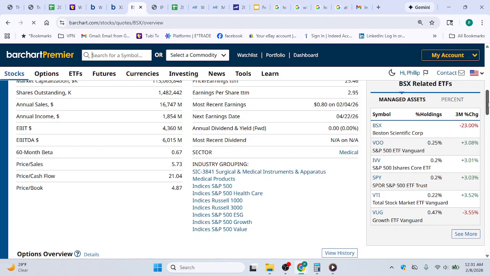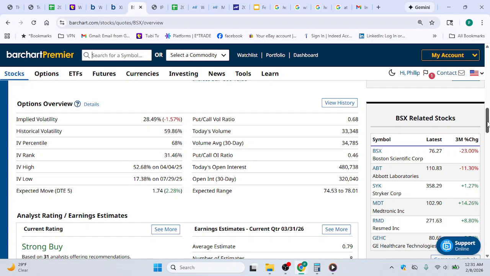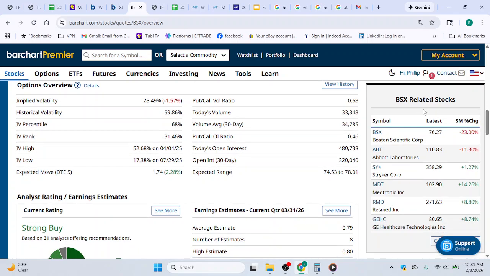Okay, so that's interesting. Then we look at Boston Scientific related stocks over the 3-month period. Here on the top is Boston Scientific, down 23%. Abbott Labs down 11.3%. And others are actually up over the same period in the same industry.